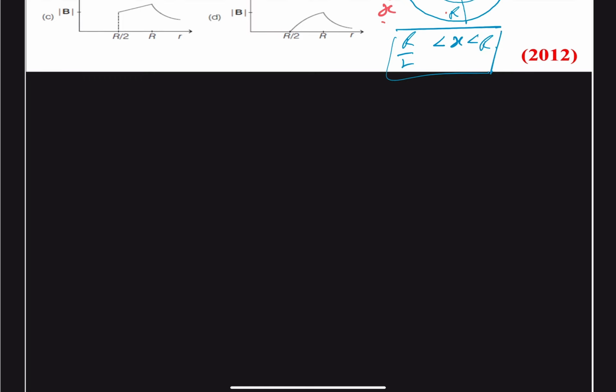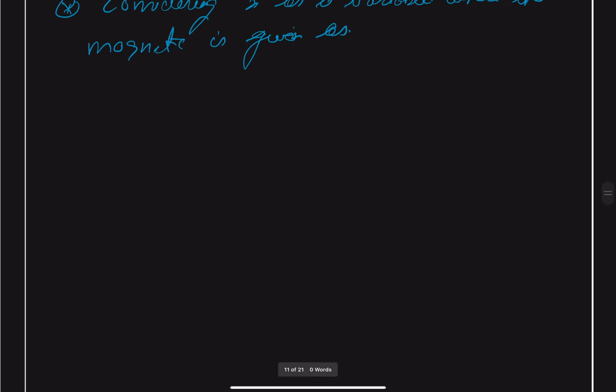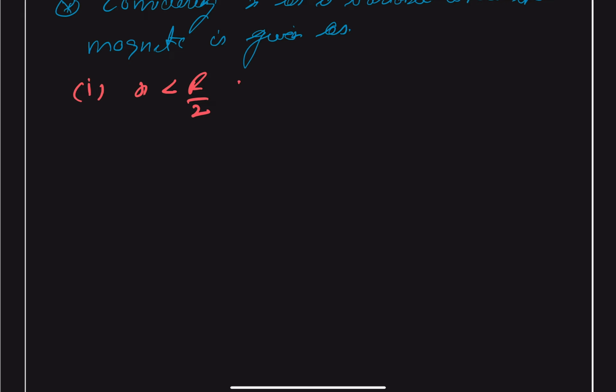So we say, considering x as a variable where the magnetic field is given as, so in the first, if x is less than R by 2, it means we are inside the cavity.